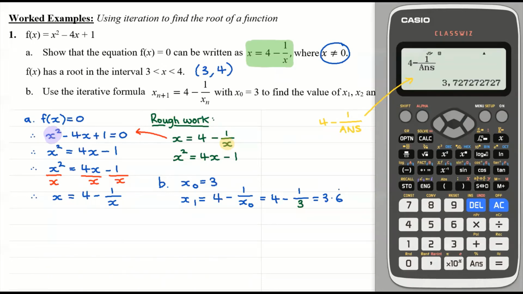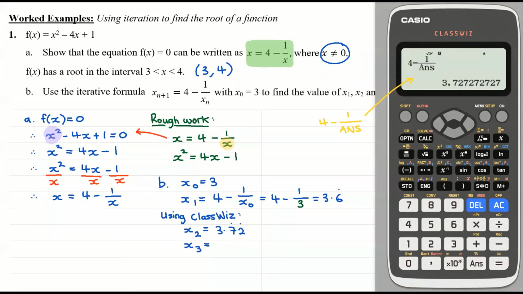So we can write that down. So using ClassWiz, we now know that x2 is equal to 3.72 recurring. Okay. And to get x3, press equals again.